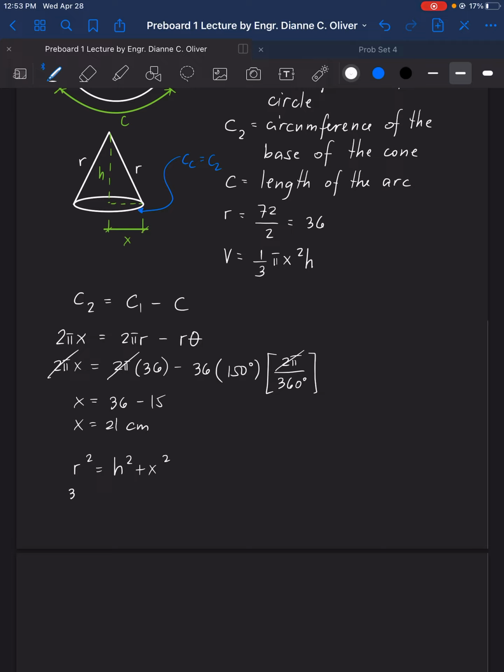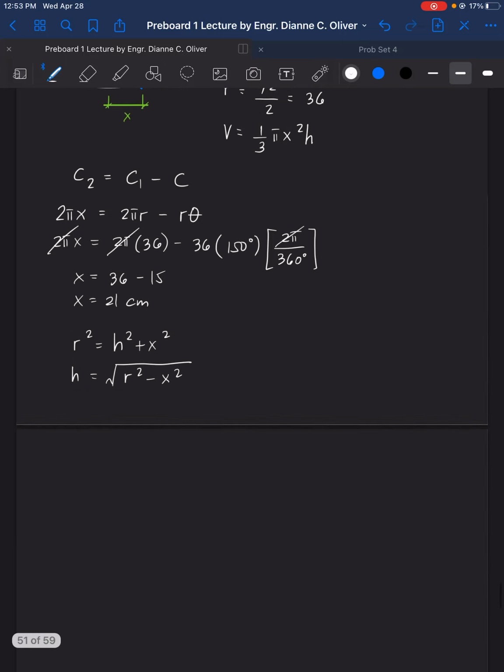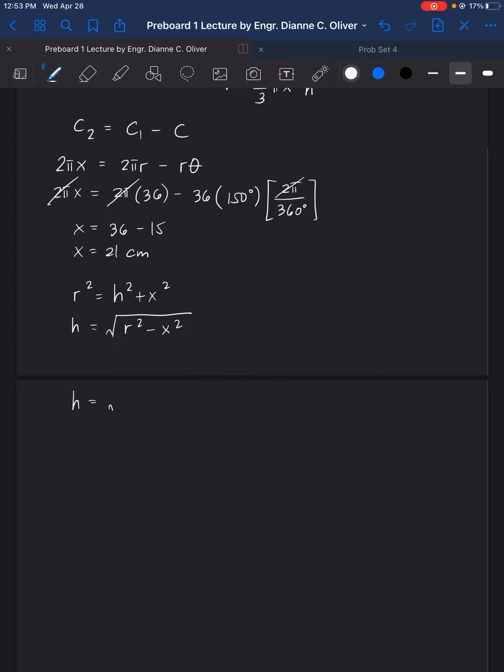So, r is 36, or let's arrange this as h equals the square root of r squared minus x squared. Okay? And then, h is equal to square root of 36 squared minus 21 squared. So, h is now equal to 29.24 centimeters.